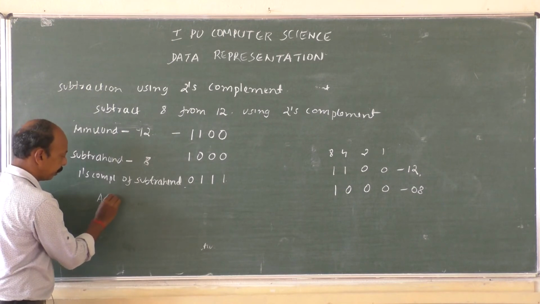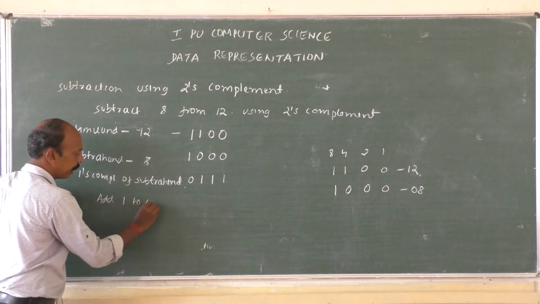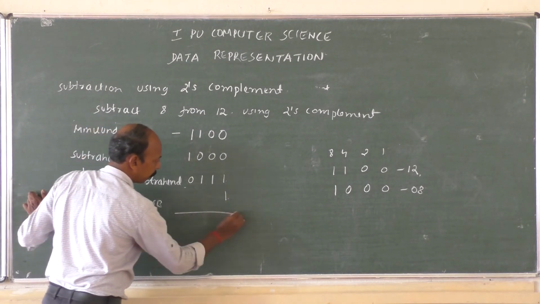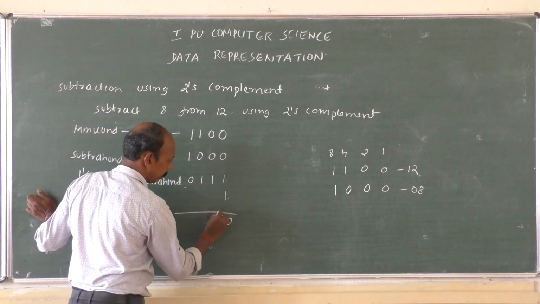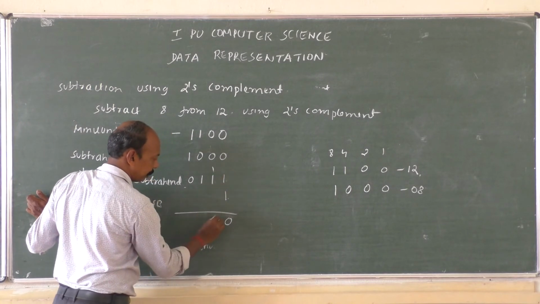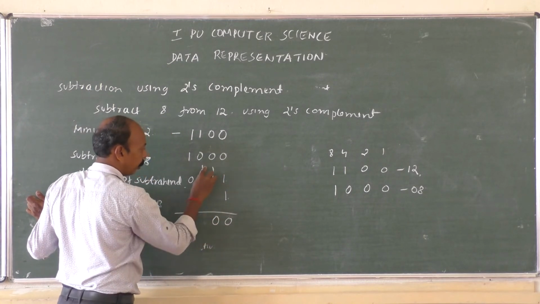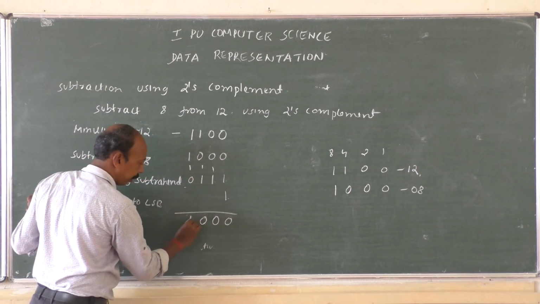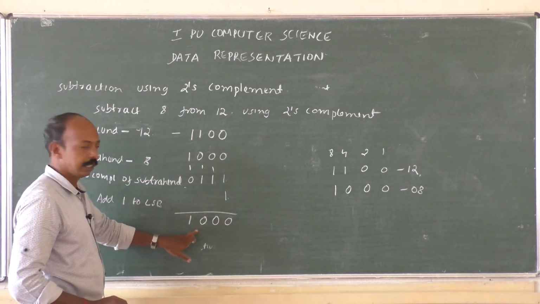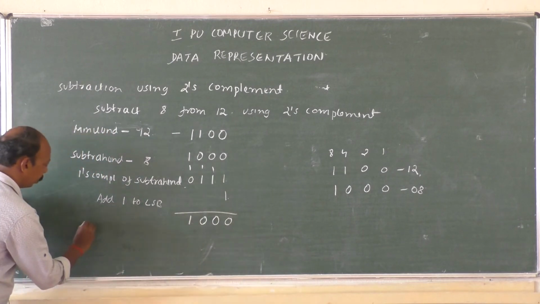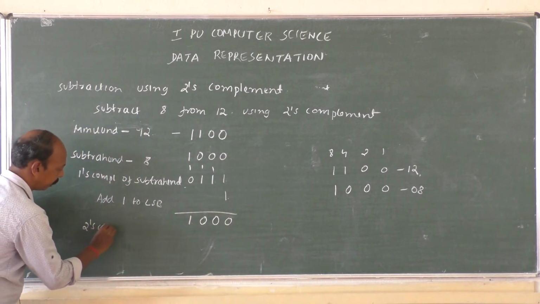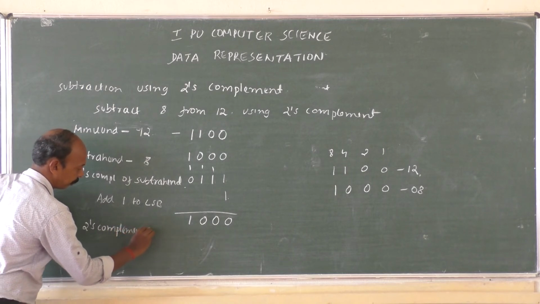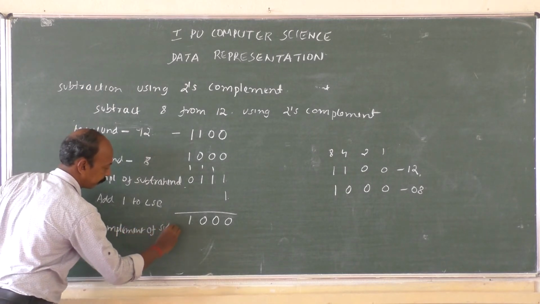Add 1 to the LSB. 1 and 1 will be 0 with carry 1. 1 and 1 will again be 0 with carry 1. 1 and 1 will be 0 with carry 1. Now only 1 we have. So this is the 2's complement of the subtrahend.